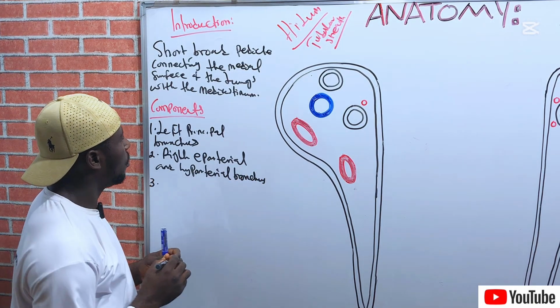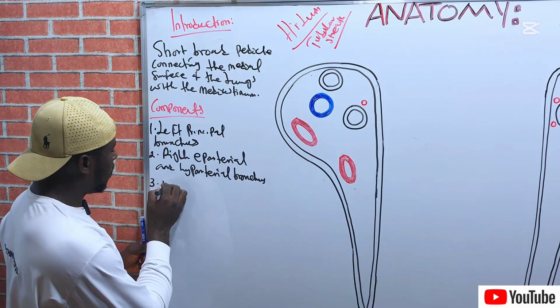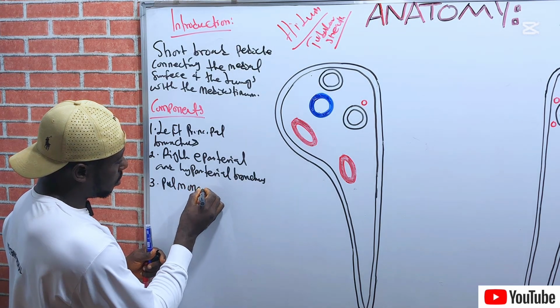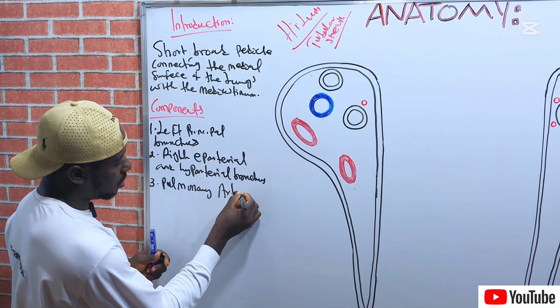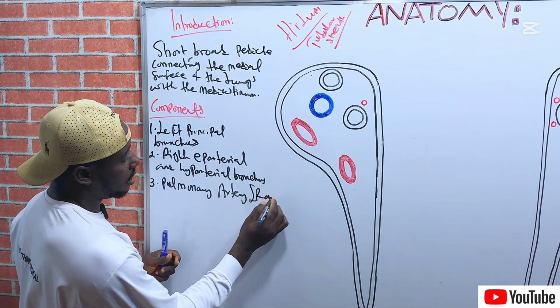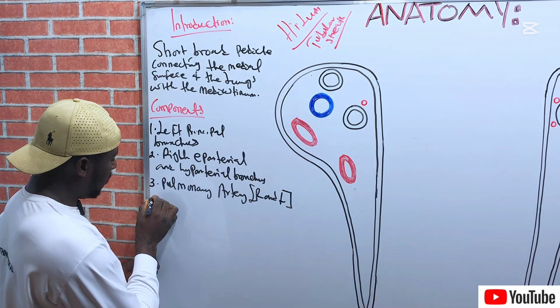Number three component of the root of the lungs is the pulmonary artery, that is the right and left pulmonary artery.